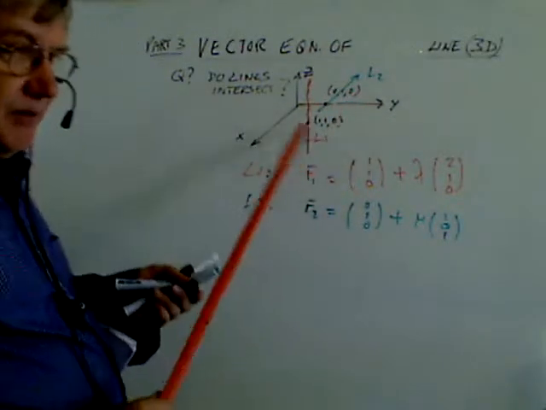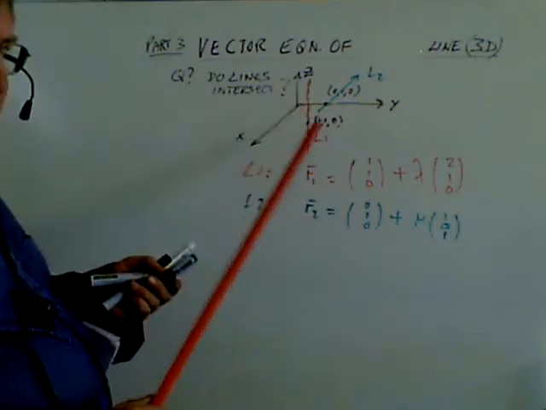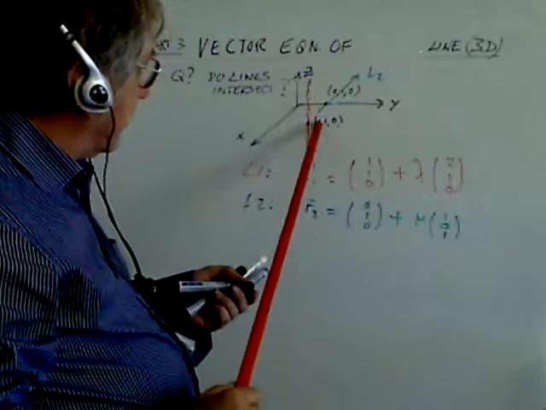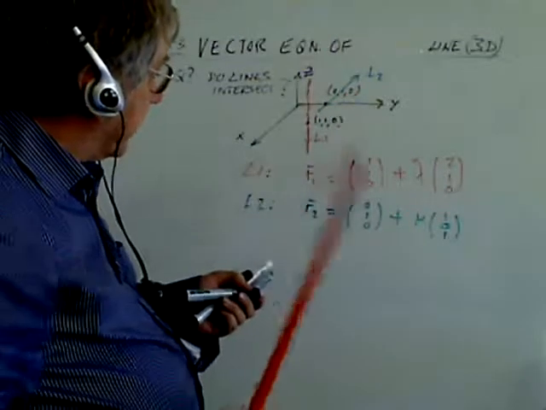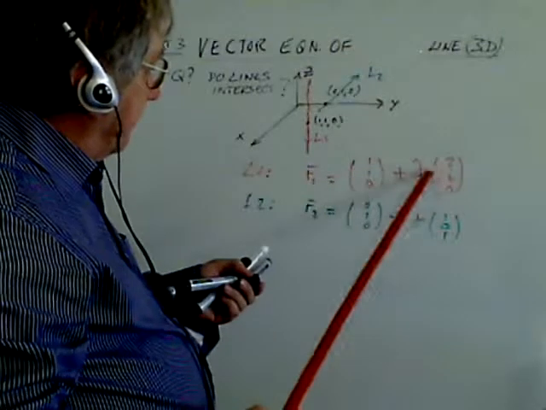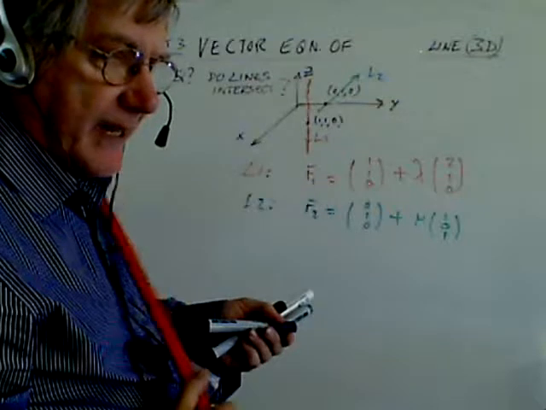You don't have to, and some books might change that, but that's the convention normally. So the red line goes through the point 1, 1, 0 and the green line goes through the point 0, 1, 0. Two different equations. So do they intersect?